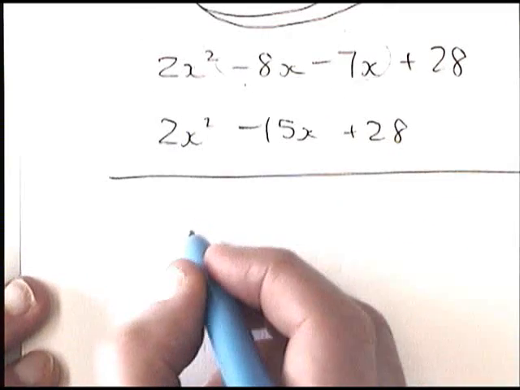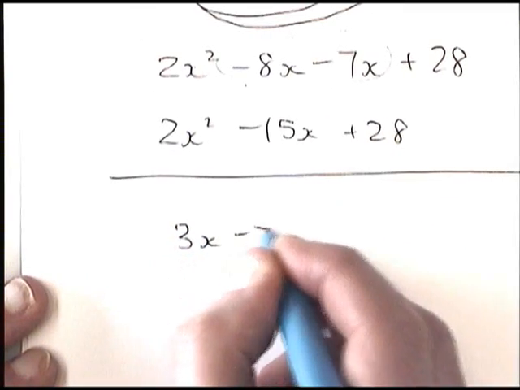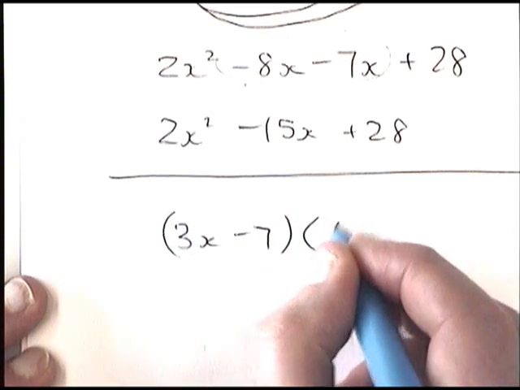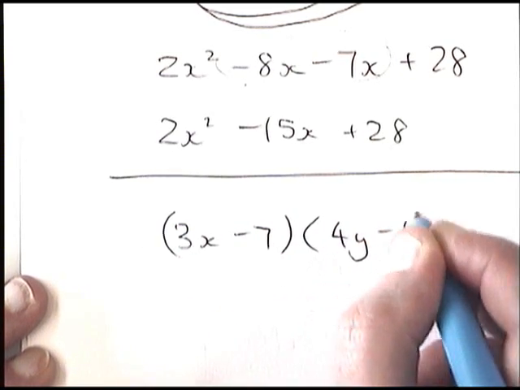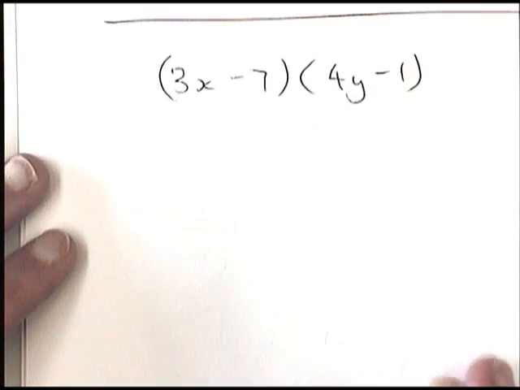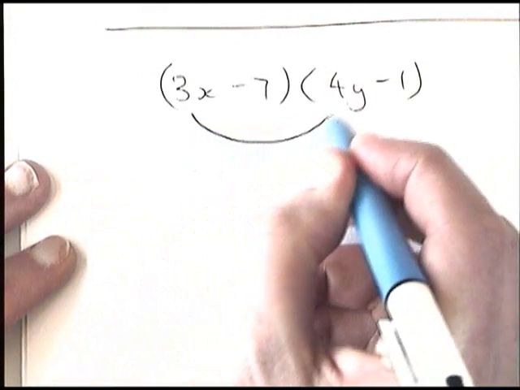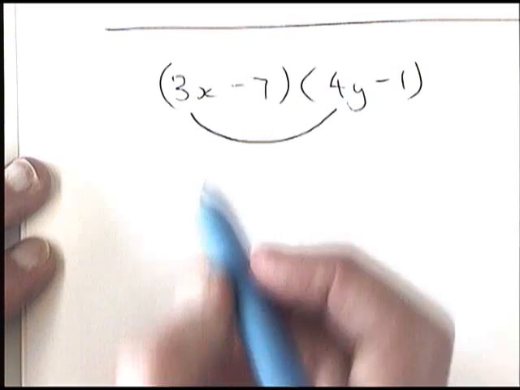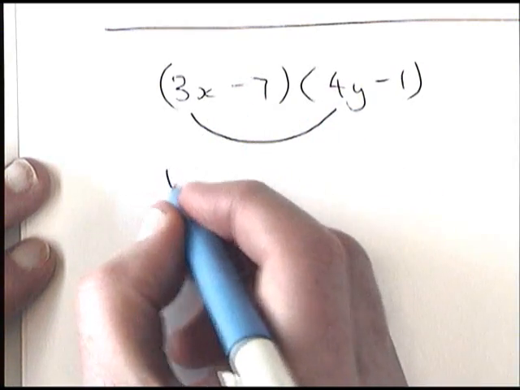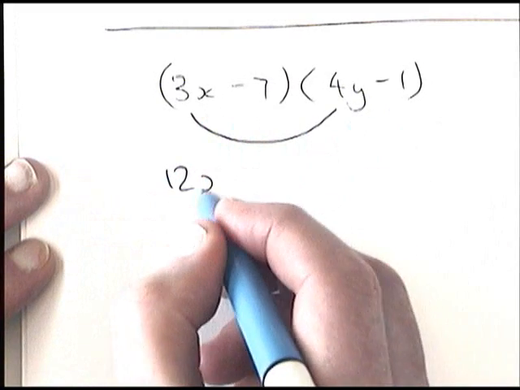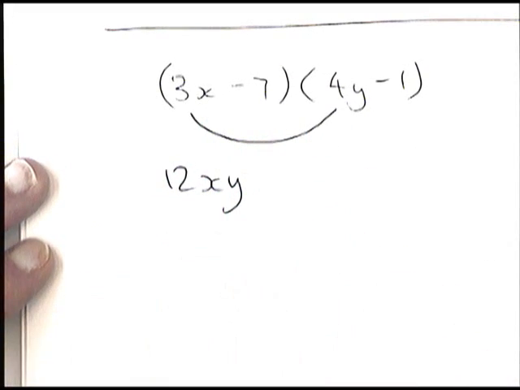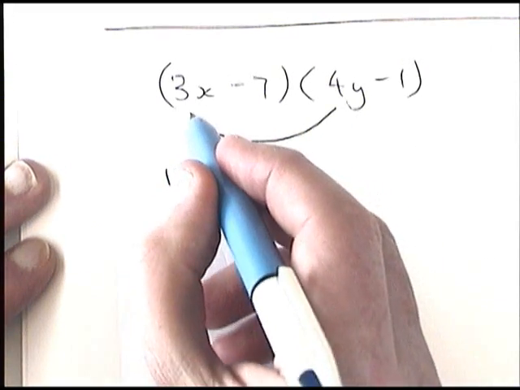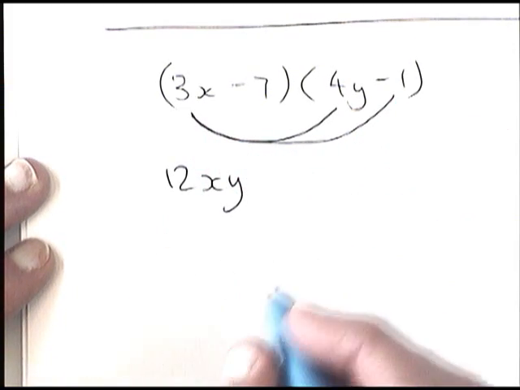Look at another one. We look at 3x minus 7 times by 4y minus 1. First thing we do, we multiply these together. 3x times by 4y. 3 times by 4 is 12. X times by y is xy. I just have to leave it like that. 3x has to be times by the -1.